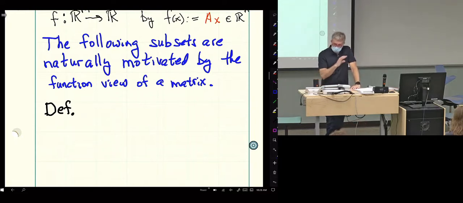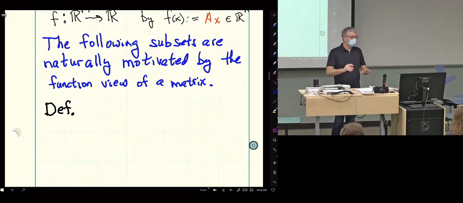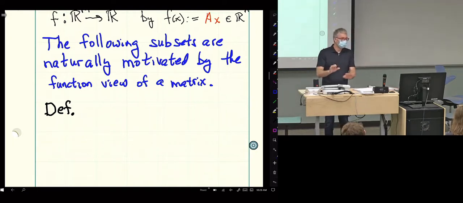For anyone who's really worried and getting a little upset by the level of abstraction, I can promise you by Wednesday we'll be back down to earth. So you gotta live with it for Monday and maybe part of Wednesday. And then when we get to the orthogonal vectors, you're just gonna have so much fun when we get there.